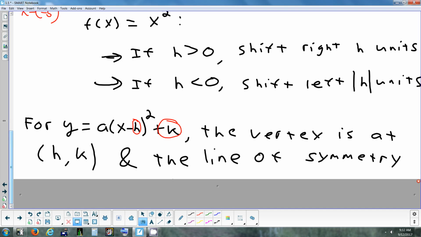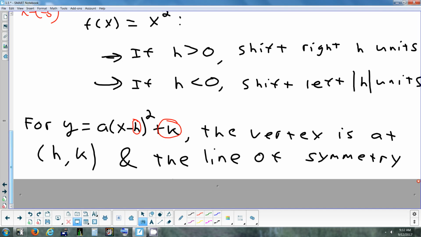And what kind of line of symmetry does a parabola have? Vertical or horizontal? Yeah, vertical. And which transformation would affect where the line of symmetry moves? Would shifting left and right affect the line of symmetry, or shifting up and down? Yeah, left and right.